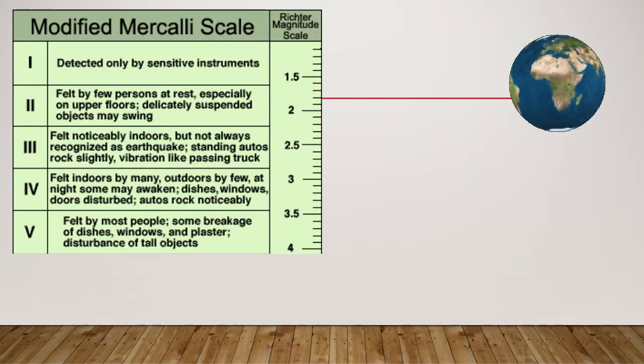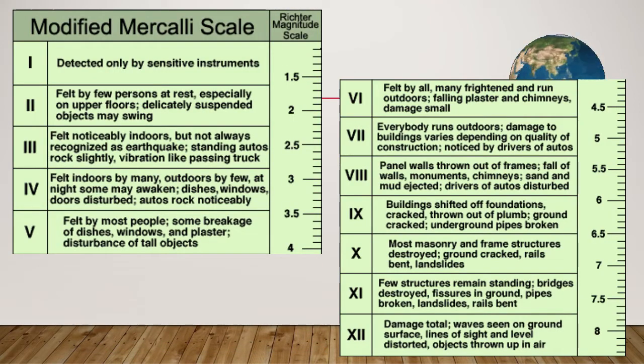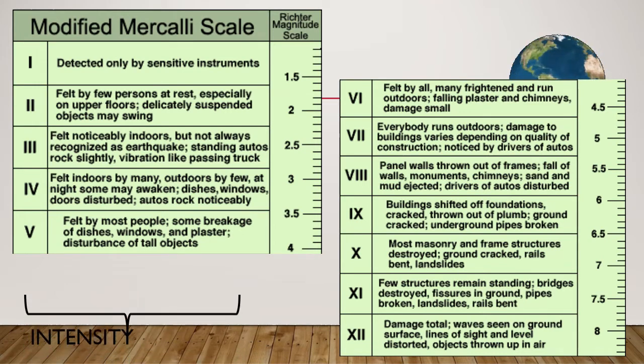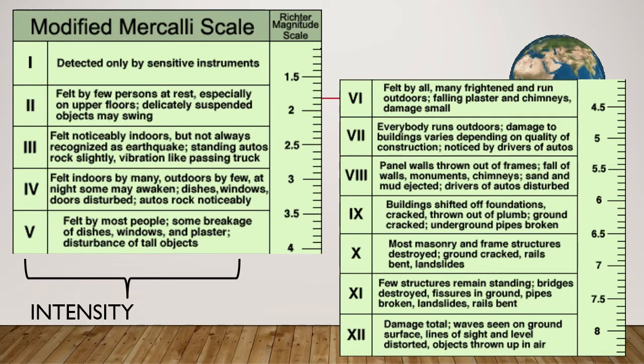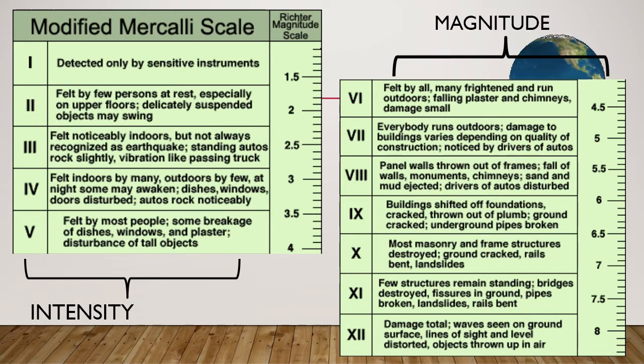Try to look at this table. The modified Mercalli scale is used to describe intensity. The Richter magnitude scale is used to measure or describe the magnitude of an earthquake. So the left corner here tells us about the intensity. The right corner tells us about the magnitude.